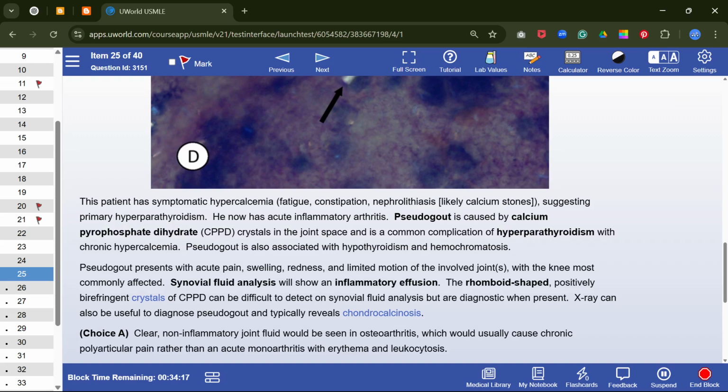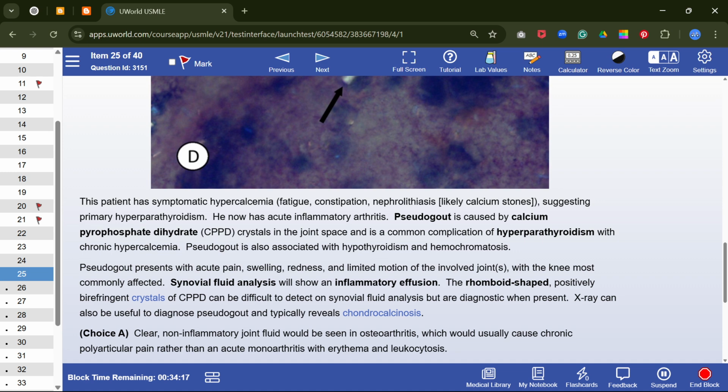Pseudogout is caused by calcium pyrophosphate dihydrate (CPPD) crystals in the joint space and is a common complication of hyperparathyroidism with chronic hypercalcemia. Pseudogout is also associated with hypothyroidism and hemochromatosis. It presents with acute pain, swelling, redness, and limited motion of the involved joint, with the knee most commonly affected.